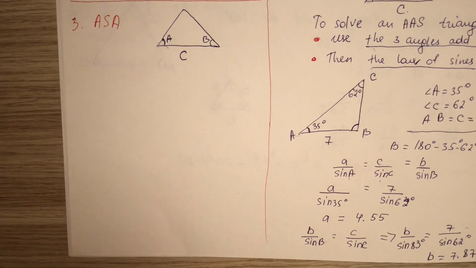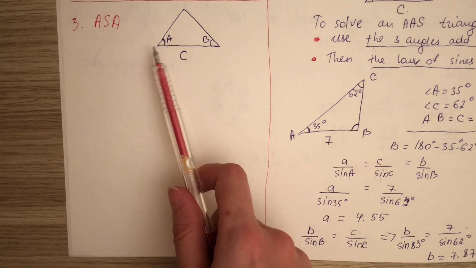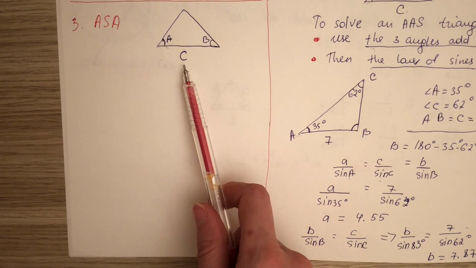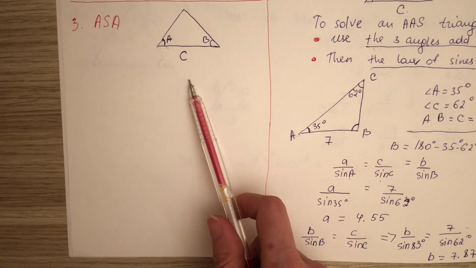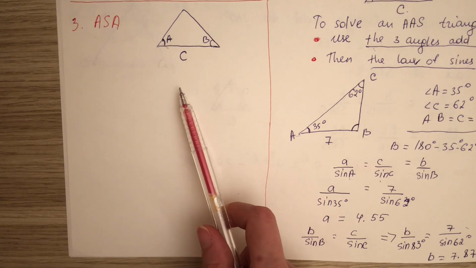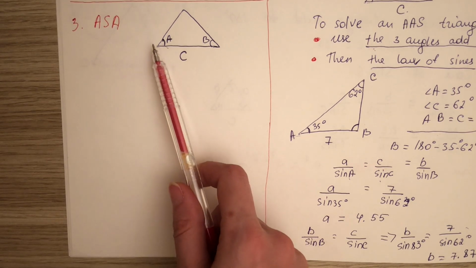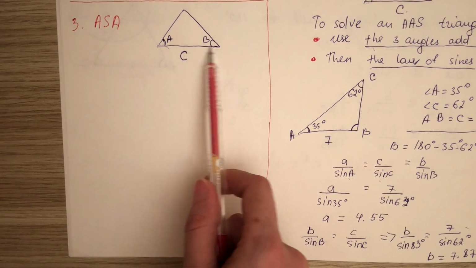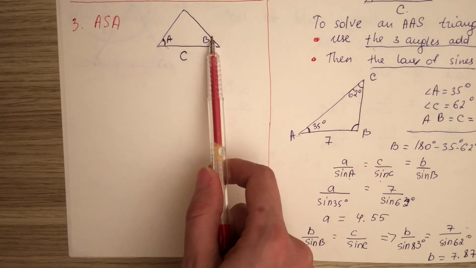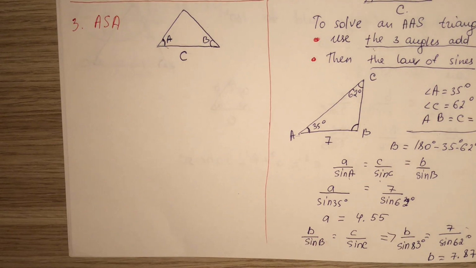And this is our third example, ASA. This means we are given two angles, A and B, and one side which is the side adjacent to the two given angles. You know, the third side is adjacent to the two given angles.